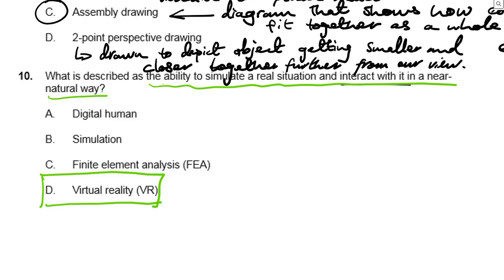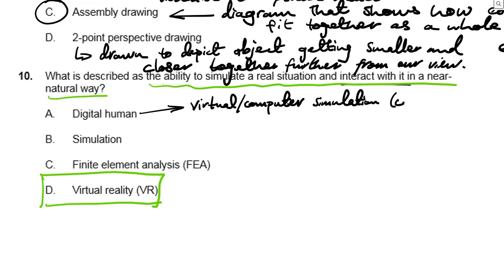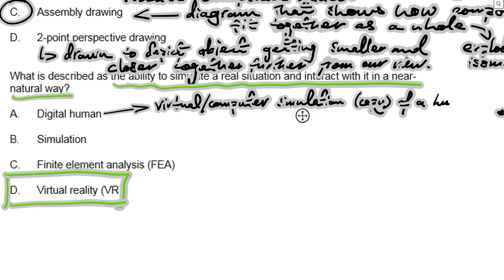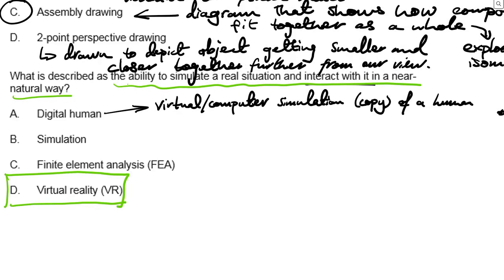Then we can go into digital human. That is just a simulation of a person. It's a virtual copy, right? A virtual or computer simulation or copy of a person, of a human body.